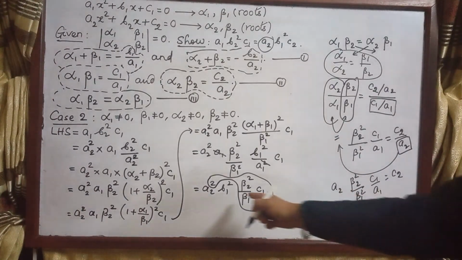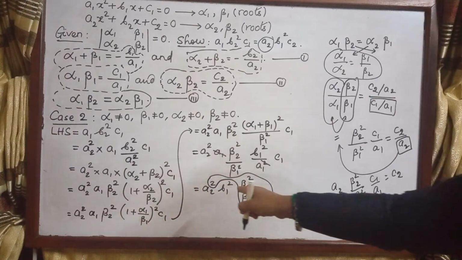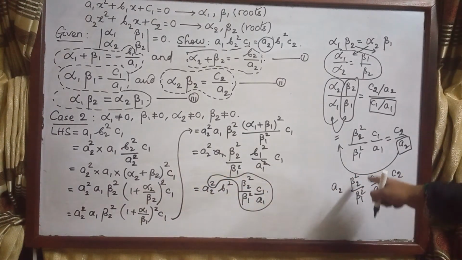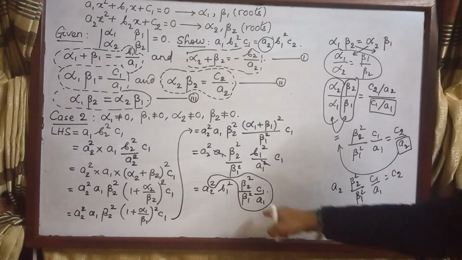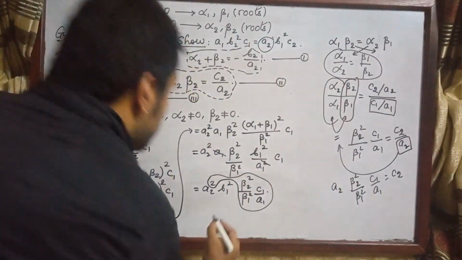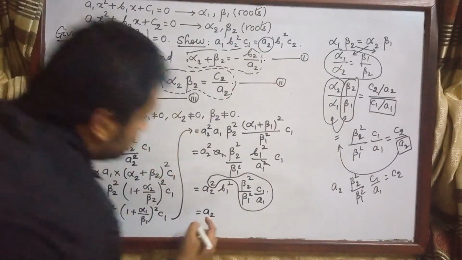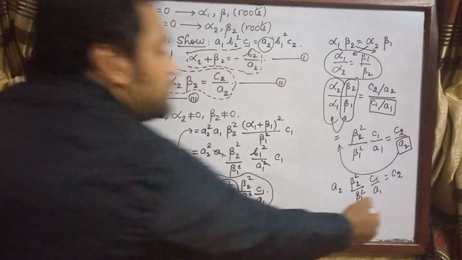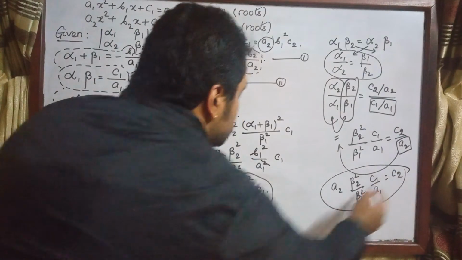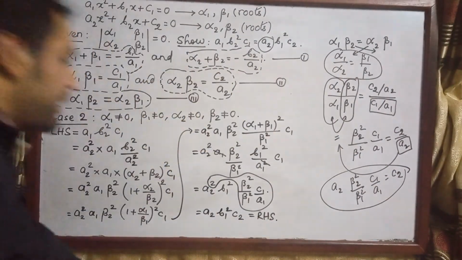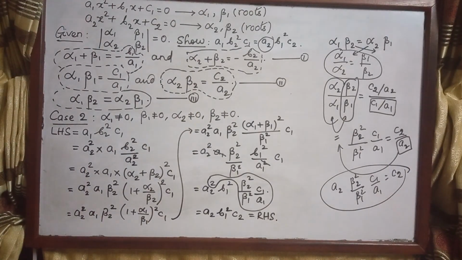So whatever we've encircled, a2 times beta 2 squared over beta 1 squared times c1 over a1 is equal to c2. So we've obtained a2, b1 squared, and this whole encircled part is found to be equal to c2, which is equal to RHS, and therefore our proof is complete. All right, thank you very much.